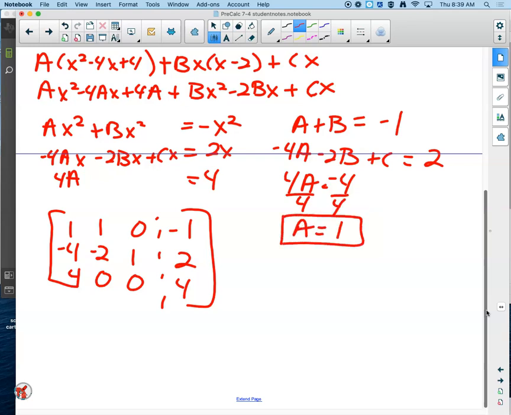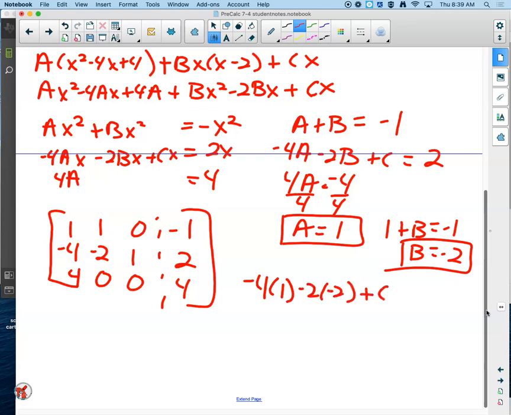We already have A. Then we'd go back to the first equation, because that one was just A and B, and find that B equals -2. And then we can back substitute one more time, and we'll be able to find C. So -4 plus 4 will be 0, so C equals 2.